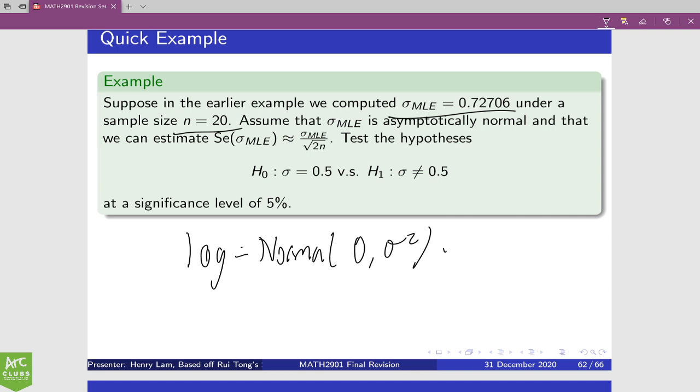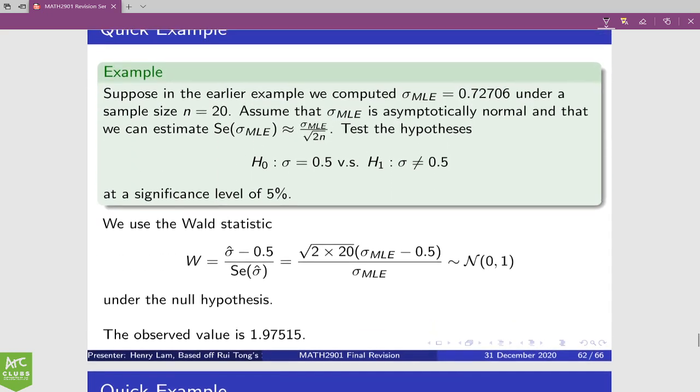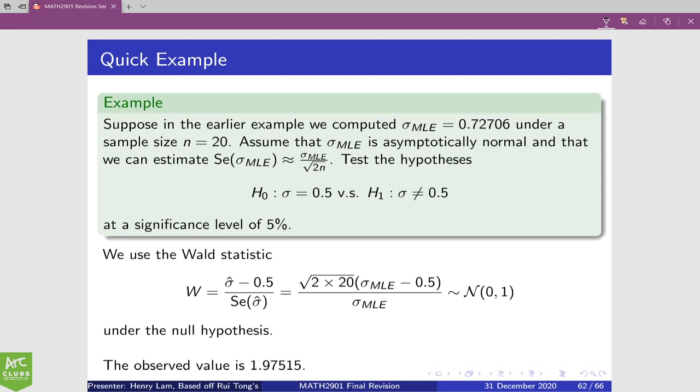We want to now test our hypothesis that 0.5 is the true value of sigma versus the alternative that it's not 0.5. So the way you'll set it up is that you use the Wald test, because you know that sigma MLEs are asymptotically normal.